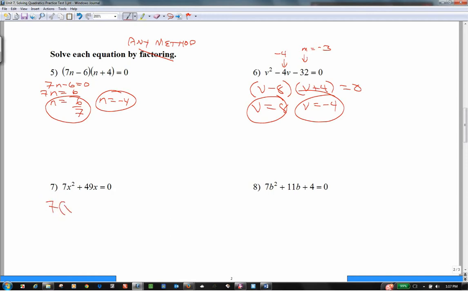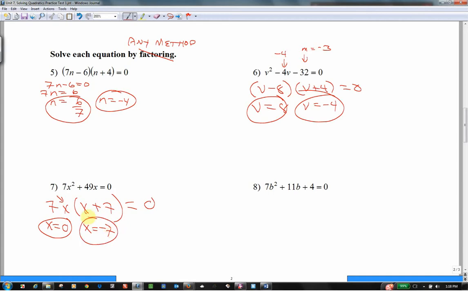So if I first take all my common factors out, I'm going to get 7x times x plus 7. And so now this is ready to go ahead and find the zeros. For this x right here, the value that I need to put a 0 on the other side would be x equal to 0. And for the factor that's in parentheses, x is a negative 7.